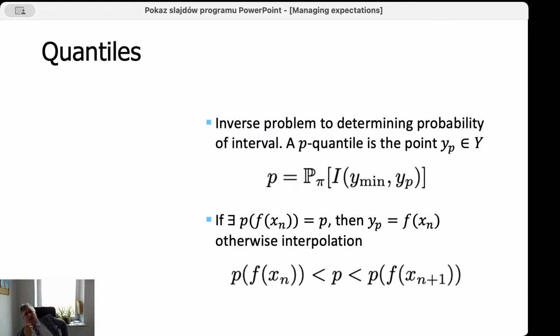Finally, very important aspects are quantiles, which is the inversion of the probability of a given interval. A p quantile is the point where the probability of the interval from the minimal value of y up to this point is equal to a given p.